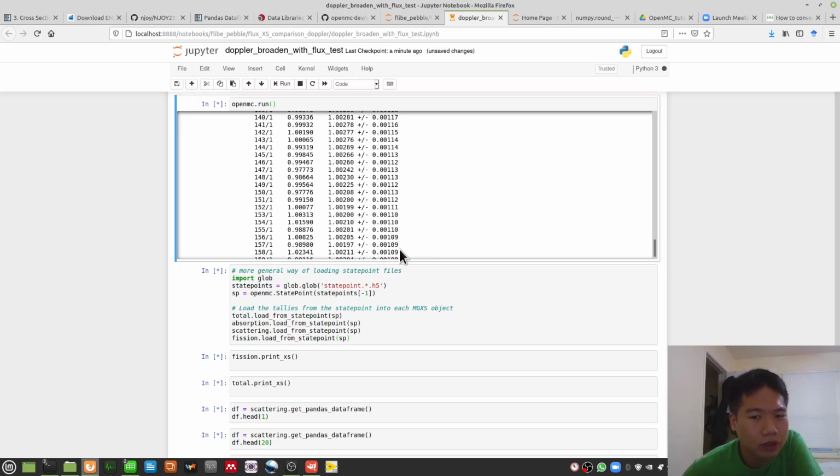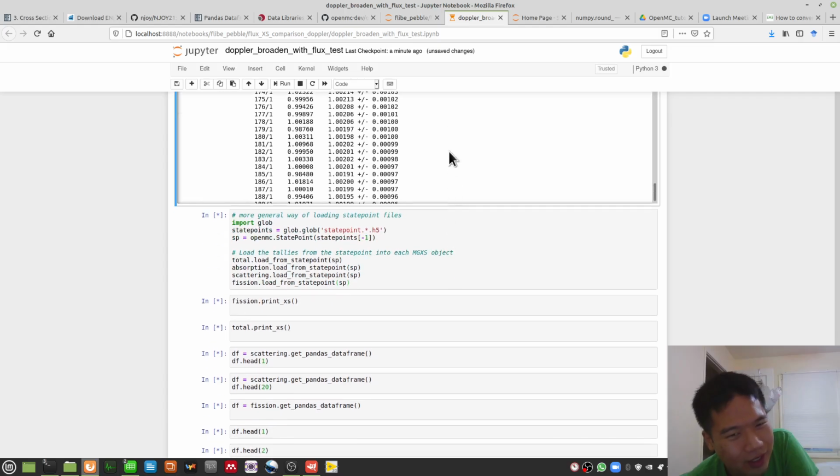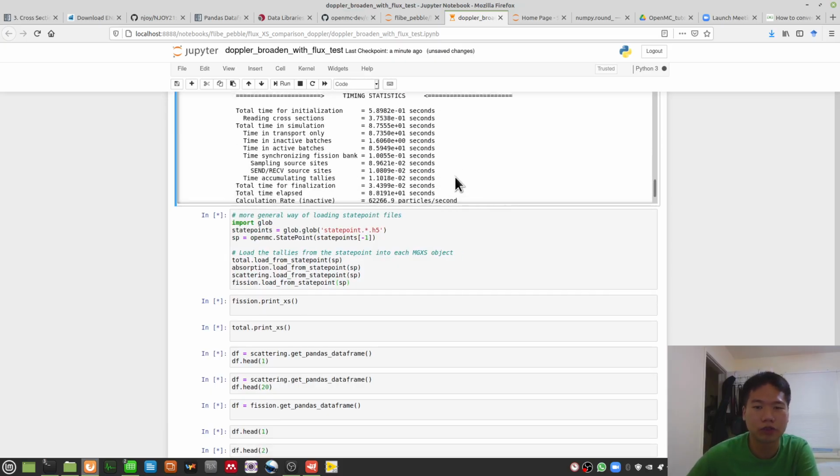Looks good. The K effective is actually dropping. You see the average is 1.0002, I think the other time it was 1.004 or 3 or something. I can't remember what it was. I've re-watched the old videos. But looks good. The trend is good. There should be some temperature feedback.